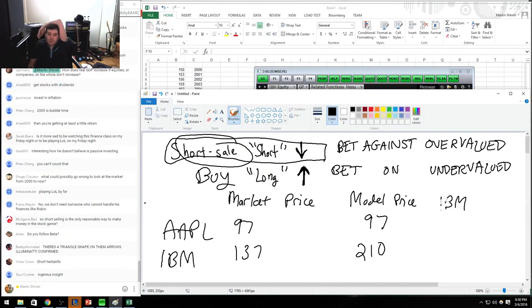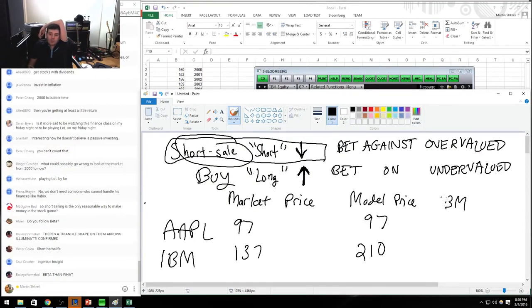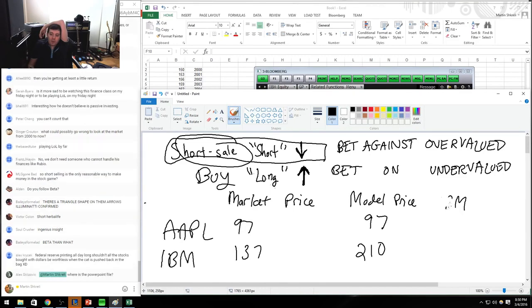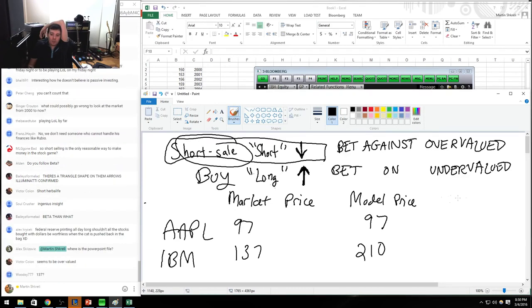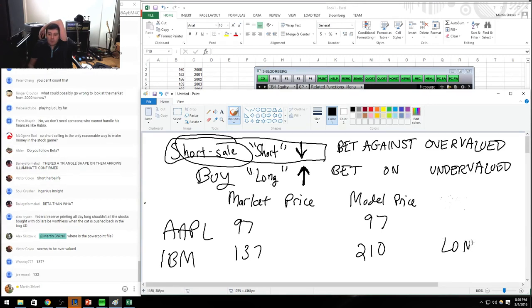Well, this is simple. If there's a recession and we buy IBM, the stock price will go down, from 137 to like 127 or 117 or 107. So if we're long IBM, we might be making a great investment, but we'll still lose money if the stock market goes down.